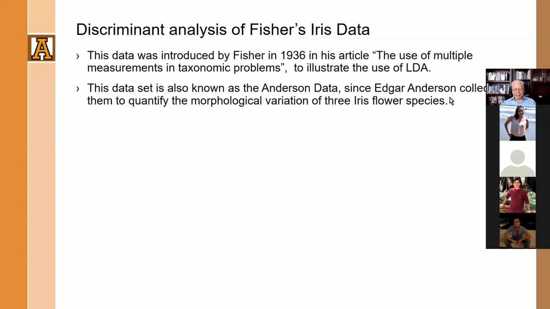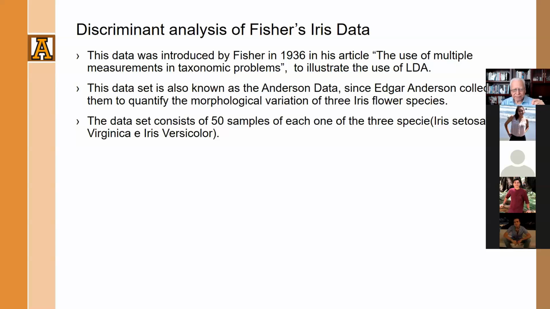It's a data set that has 3 different species of iris flowers. A lot of people know this data as the Fisher's iris data, but it is also known as Anderson's data, because actually Anderson was the first one who published it, and Fisher used it to illustrate the Fisher linear discriminant analysis method. Okay.